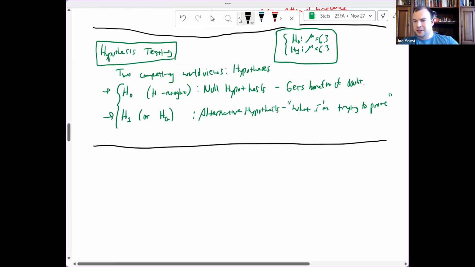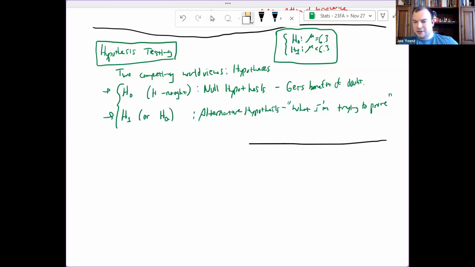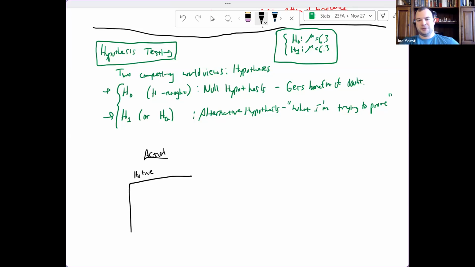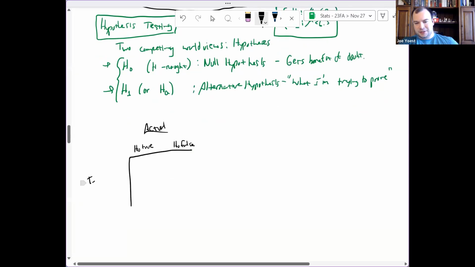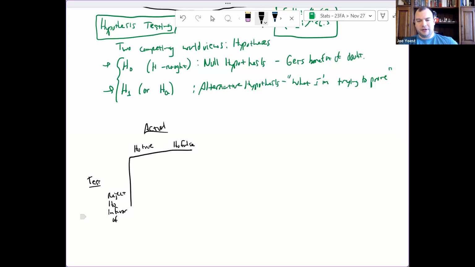Let me erase this line out. I wanted that line above that green piece there. So we have our actual status, that H naught is true or that H naught is false. And our hypothesis test here is we reject H naught in favor of H1.